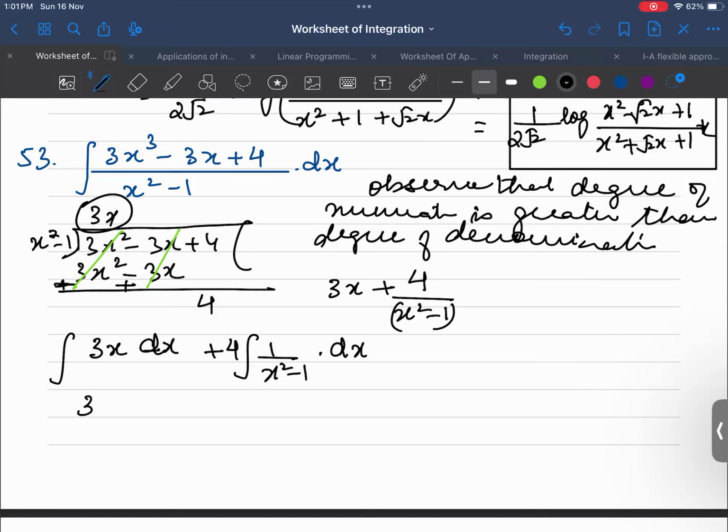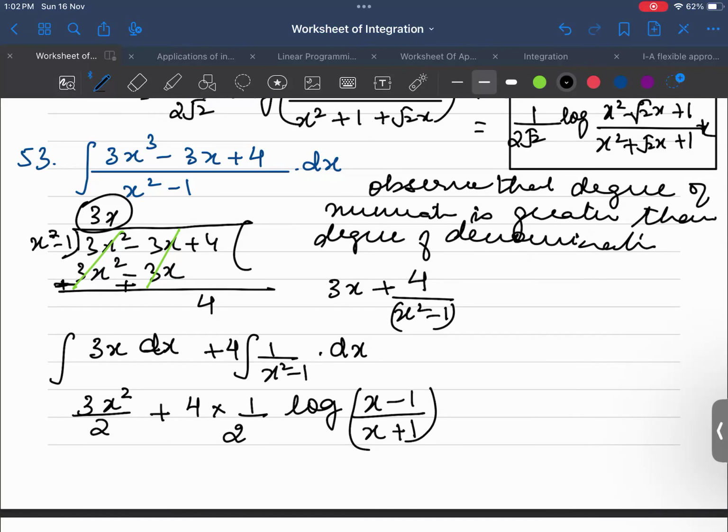It would be 3x plus 4 outside. And for this, we have the formula 1 upon 2a, a is 1, right? Is 2a, log x minus 1 upon x plus 1 plus c.